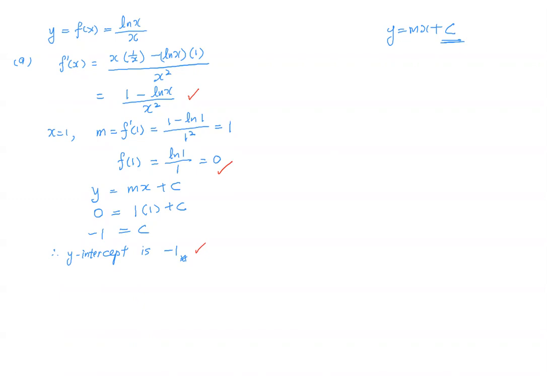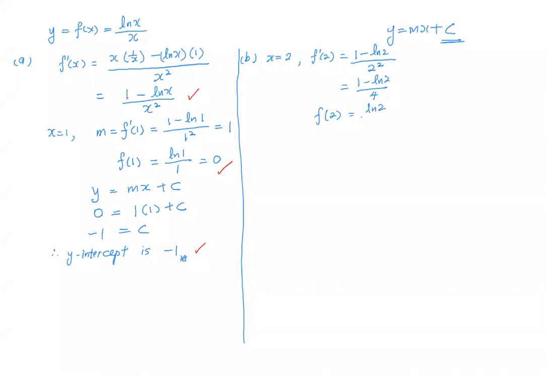Then for part B, they only allocate 1 mark. The reason is that part B is the repetition of part A. So you just need to do it for x equal to 2. You get your f prime 2 and repeat the same thing. Following the formula, it will be 1 minus ln 2 over 2 squared, so that will be 1 minus ln 2 over 4. Then you look for f 2, that is ln 2 over 2.